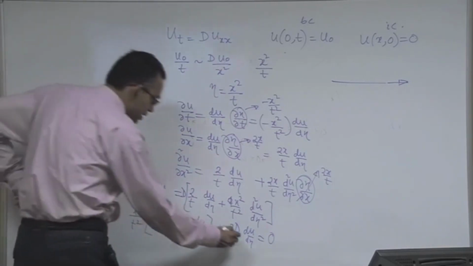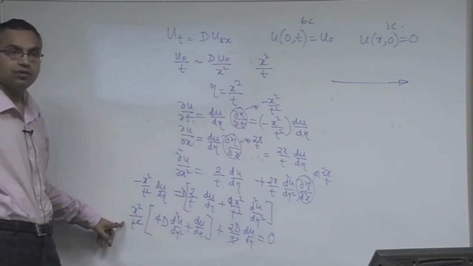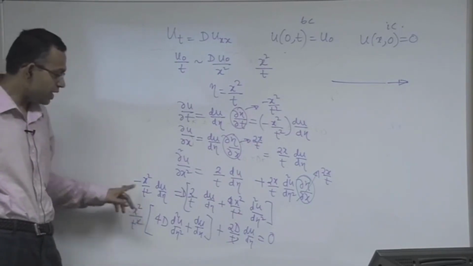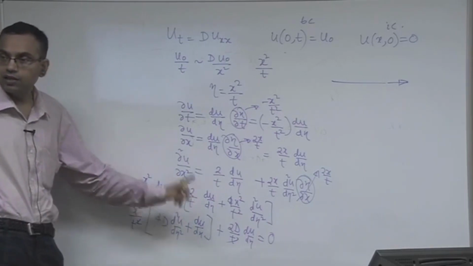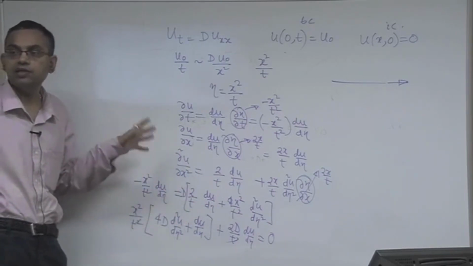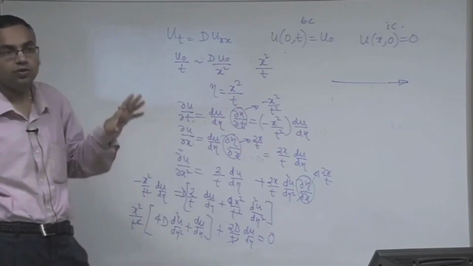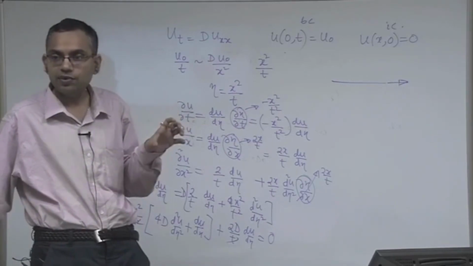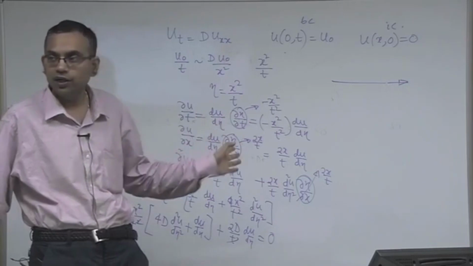Now you can cancel one t and you get back x square by t, which you can write as a similarity variable. If you could not express the entire equation in terms of the similarity variable, then your similarity transformation is not successful. That means the equation is not amenable to similarity transformation, and what the similarity transformation essentially does is it converts the PDE to an ODE.